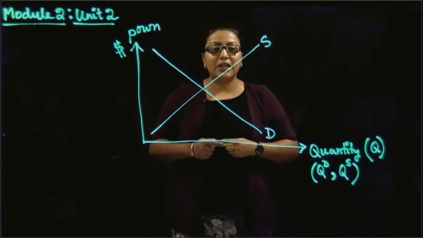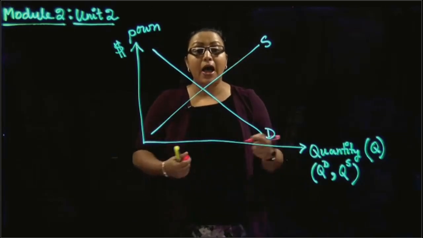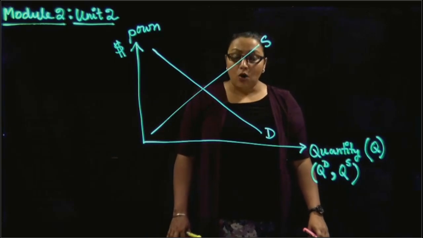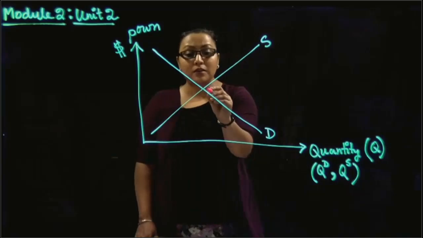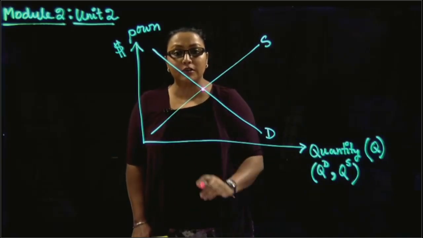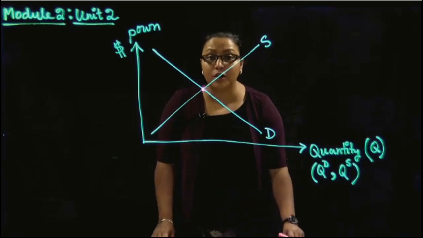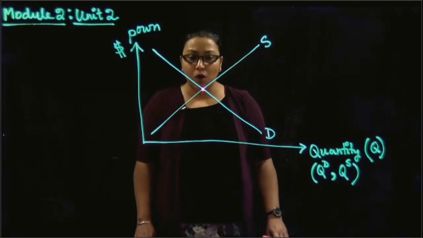Now please note that in this two-dimensional space, whenever I have the interaction of any downward sloping curve and any upward sloping curve, there will always be a unique point of intersection of the two curves, and this point is the point of agreement that we discussed in module 1 unit 1.